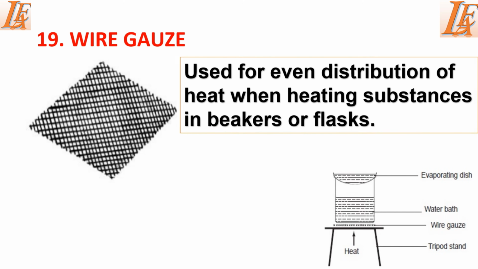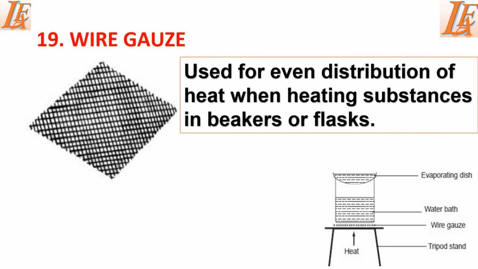Another apparatus that we have is a wire gauze, and a wire gauze is a square sheet of metal mesh which is used together with a tripod stand to support containers during heating. Apart from supporting the containers, another important function of this apparatus is that it distributes heat evenly when heating substances in beakers and flasks.